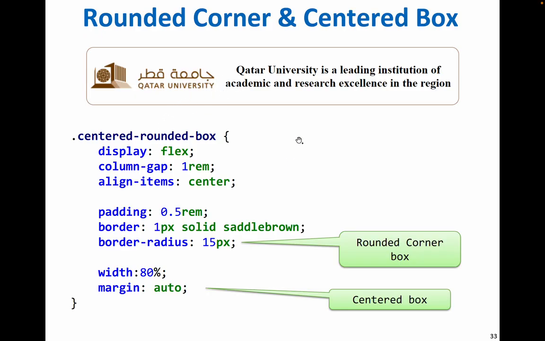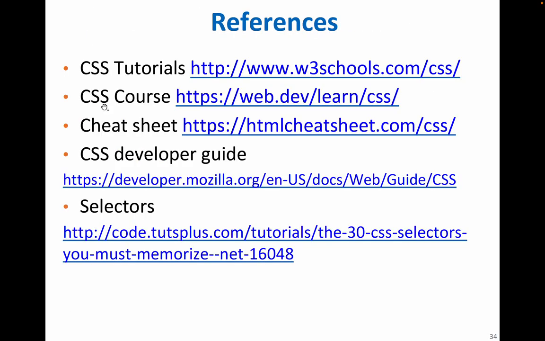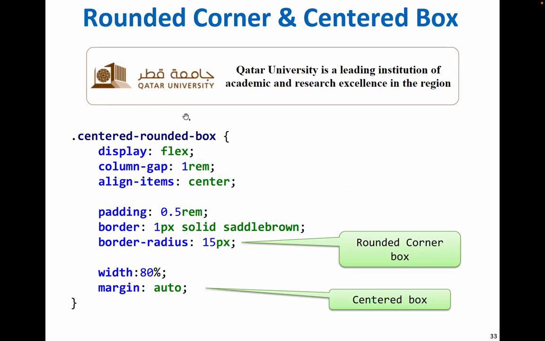Then the padding is 0.5 rem, so the padding is the space between this text and image and the border. Then the border is 1 pixel, a solid line, and its color is saddle brown. The border radius means that the corners are not sharp. As you can see, it's rounded.